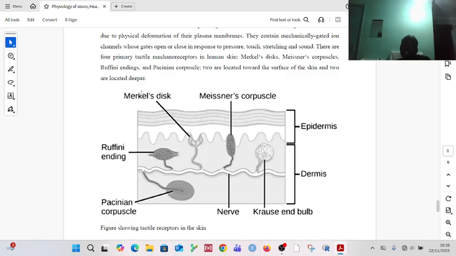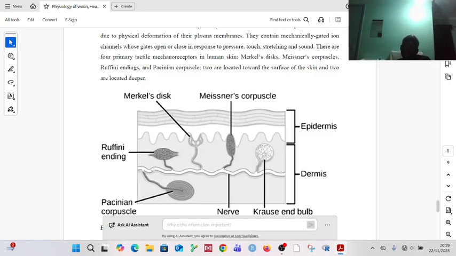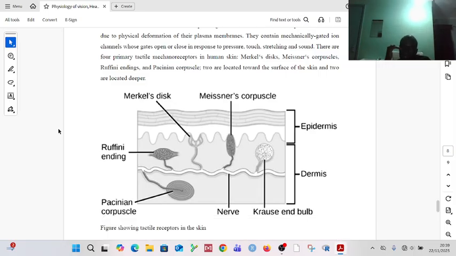Okay, the Merkel's disc, the Meissner's corpuscles inapatikana towards the surface of the skin. The Ruffini ending and the Pacinian corpuscle nayo inapatikana ndani, further deep within the dermis. The Merkel's disc and the Meissner's corpuscle, they respond to fine touch. They can sense cold.